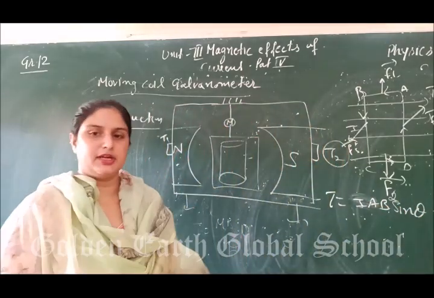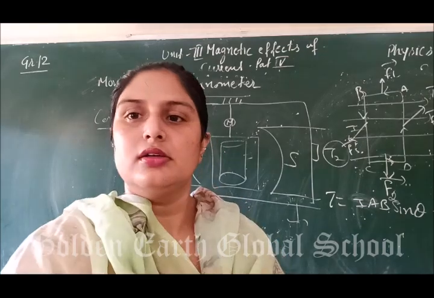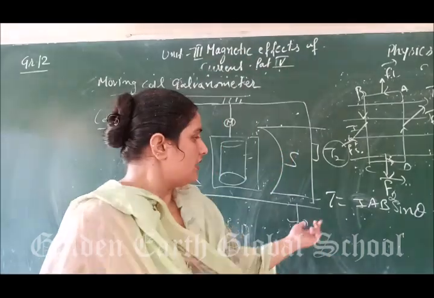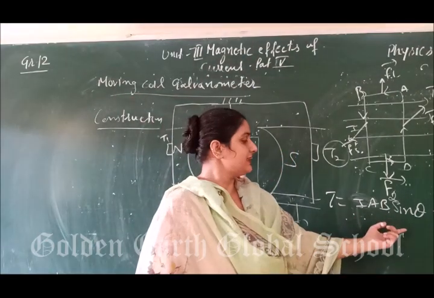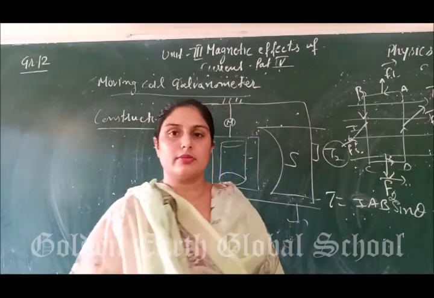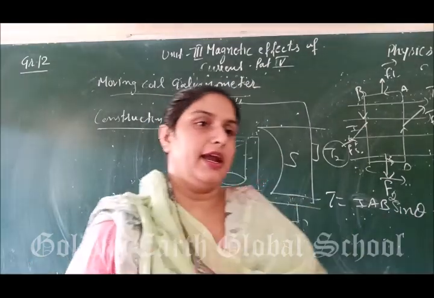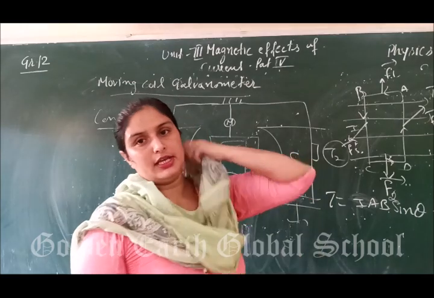If you remember that, it is the torque experienced, in terms of the angle between the normal drawn to the plane of the coil and the direction of the magnetic field.